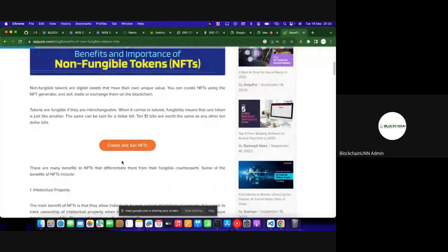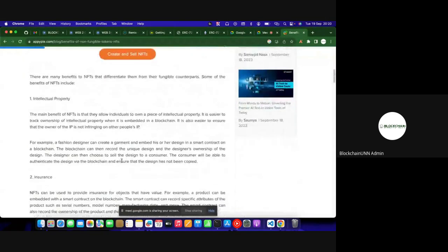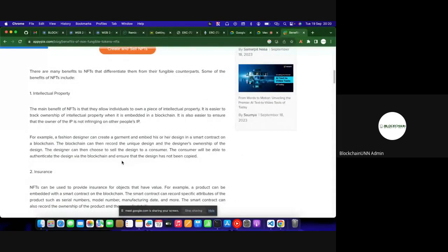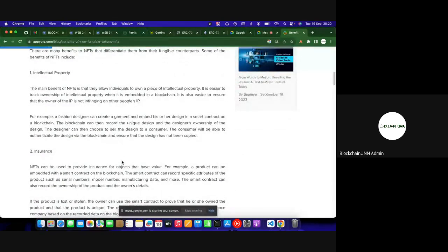But there are a lot of benefits that NFTs provide to the ecosystem. One is intellectual property. NFTs basically allow individuals to own a piece of intellectual property. It is easier to track ownership of intellectual property when it is embedded in a blockchain. It is also easier to ensure that the owner of the IP is not infringing on other people's intellectual property. So there's an example here.